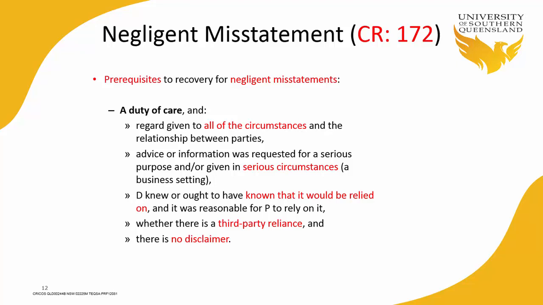As you do with negligence generally, you have to establish a duty of care and that the duty has been breached, and because of that breach, so the causation factor, there was damage, and you will have to be compensated for that damage.